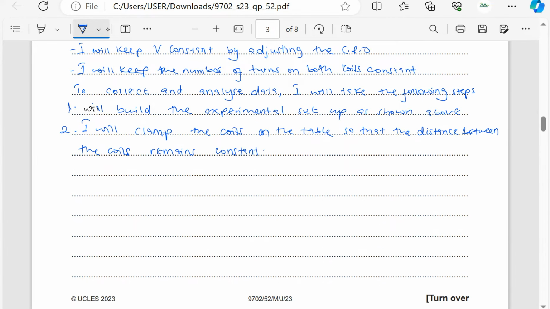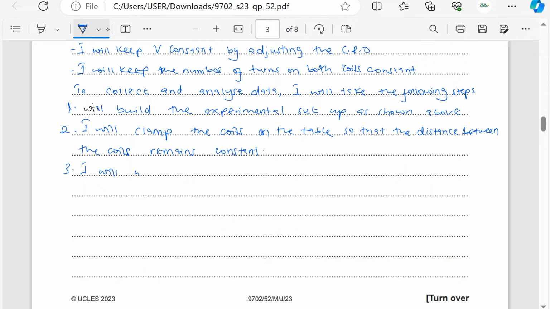Okay. Step number 3. I have to tell the examiner that I will use a large number of turns on coil Q so that E is large enough.